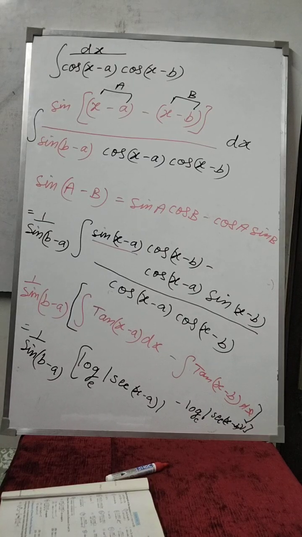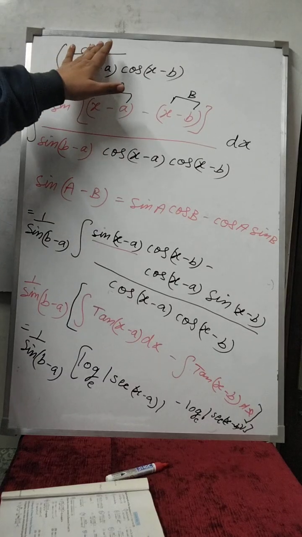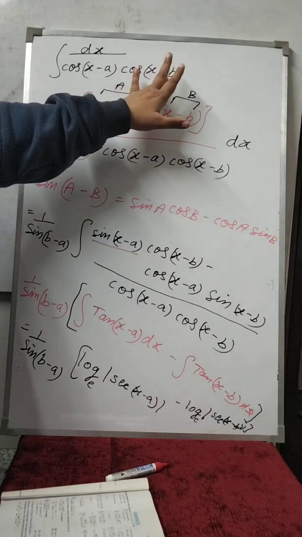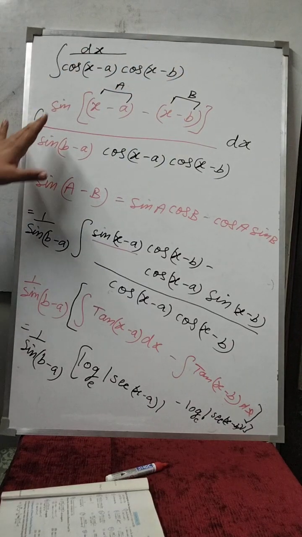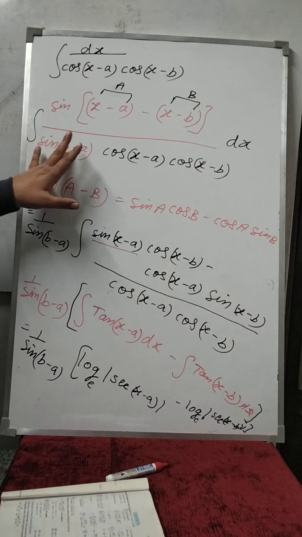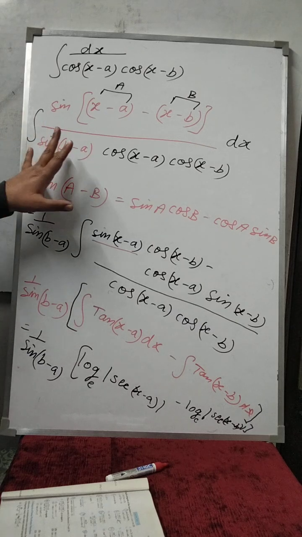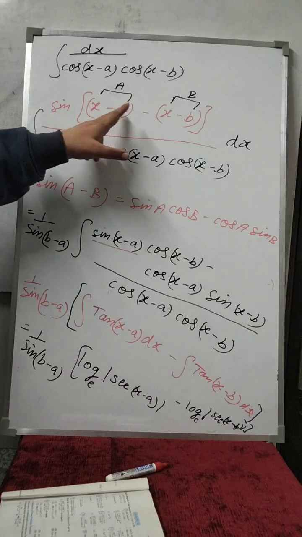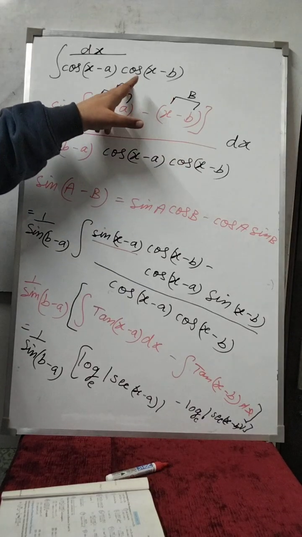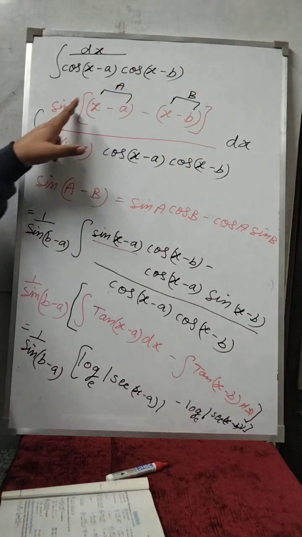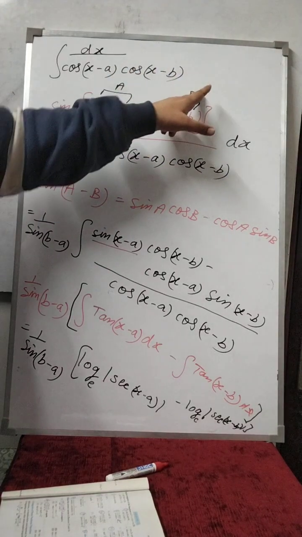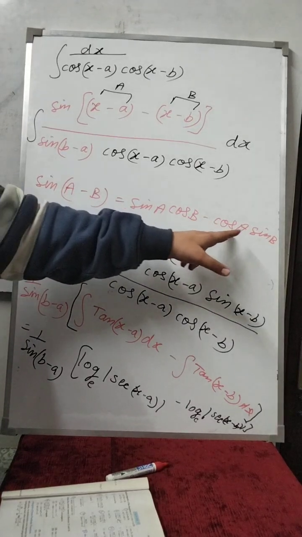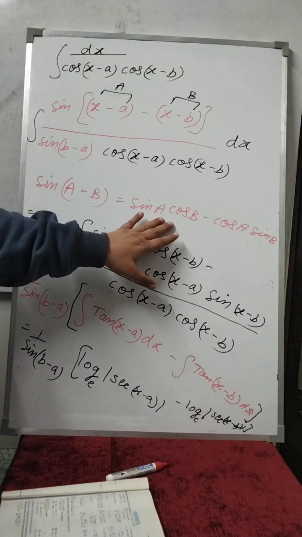So what we have done in this question, my question was dx divided by cos of x minus a cos of x minus b. So I have multiplied and divided by sin b minus a. So here in the denominator it is b minus a, in the numerator it is x minus a minus x minus b. Then I have taken this angle as a, this is b, sin of a minus b I have written as sin a cos b minus cos a sin b. I have applied this formula.